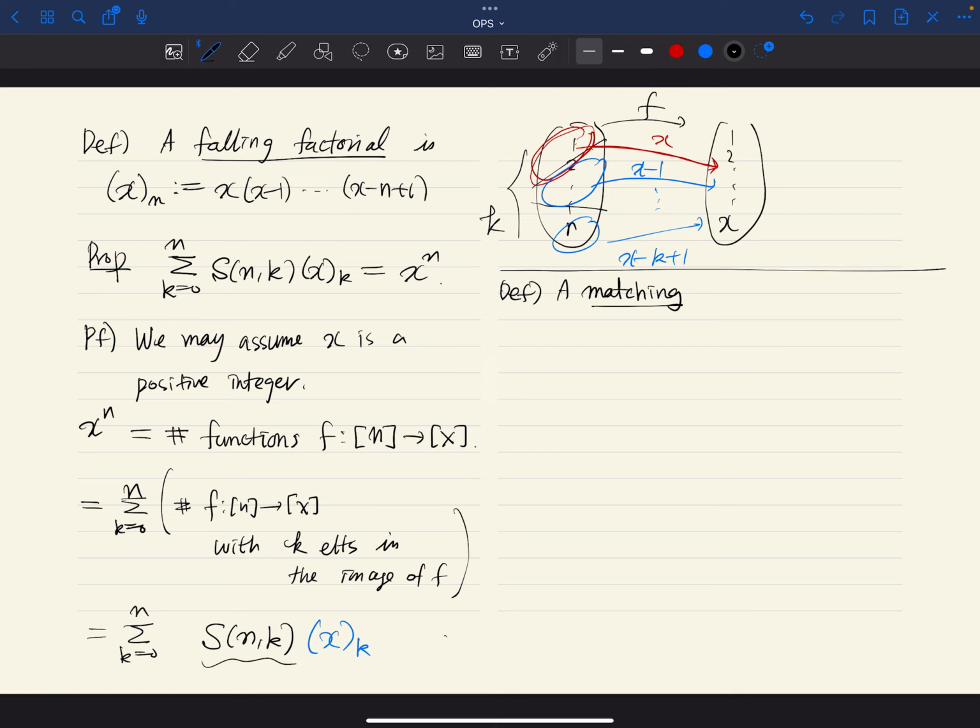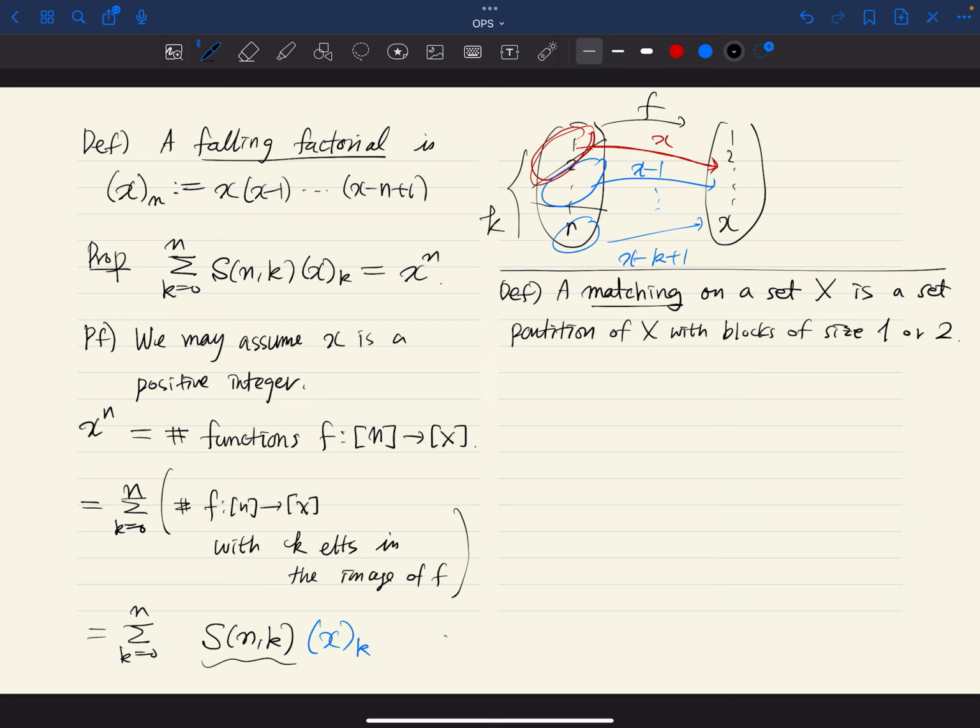A matching on a set X is just a set partition of X with blocks of size 1 or 2. So every block must be of size 1 or 2. If that's the case, then we say that it's a matching.